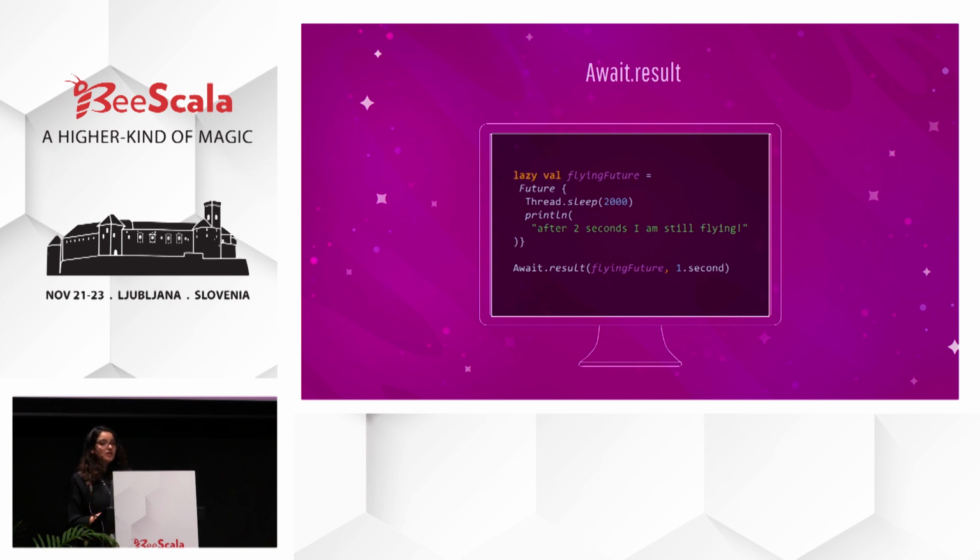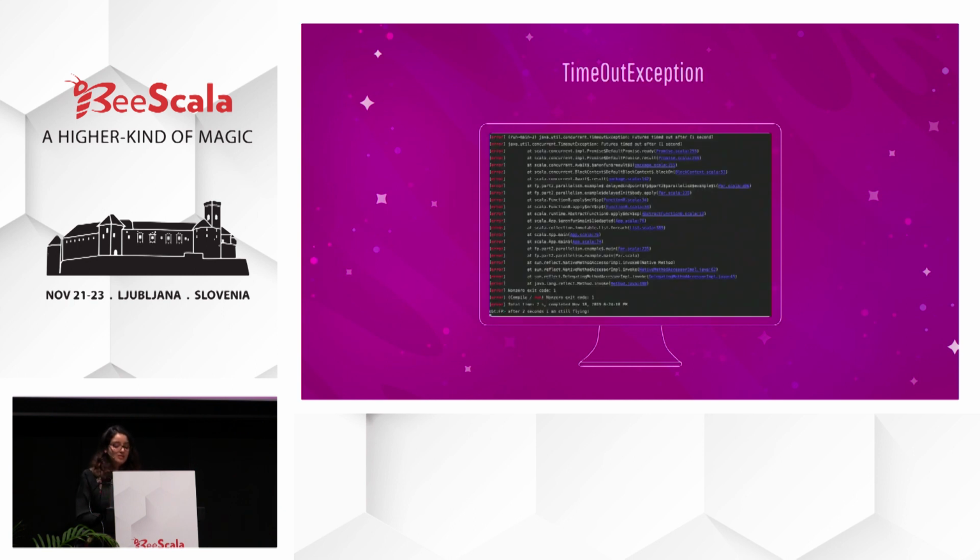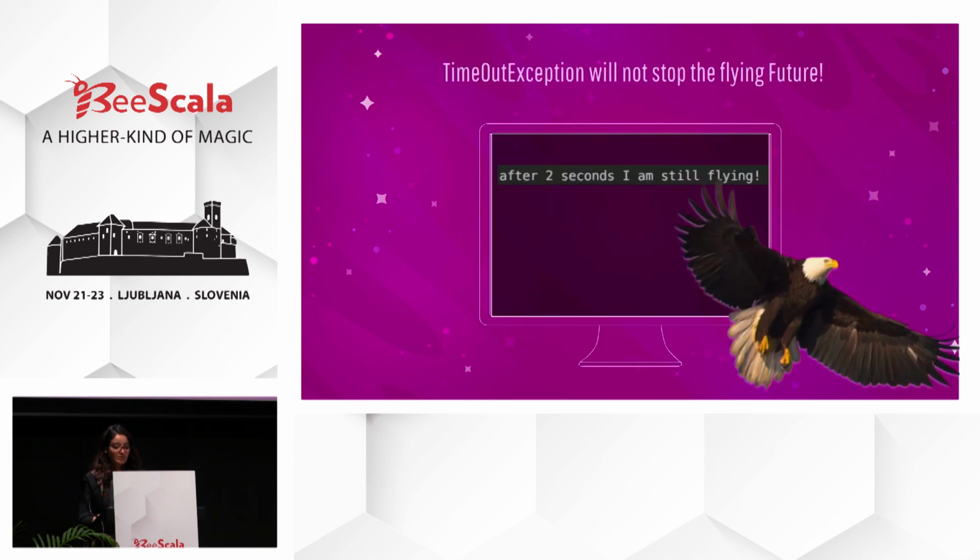And if you have a future that takes more than 2 seconds and then prints out a message, and you would like to wait for the result and take the result from this future, but you wait only 1 second, for sure you will have a timeout exception. Oh wait, the future is still flying.